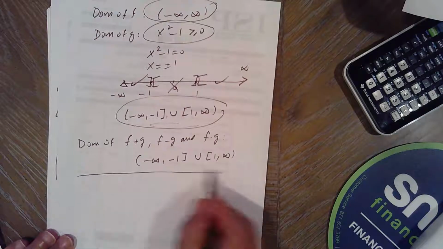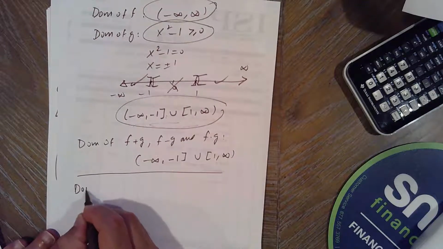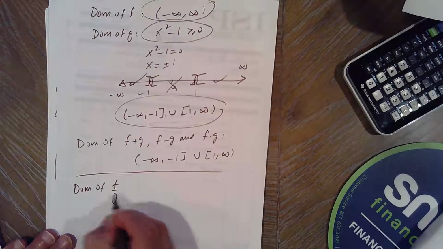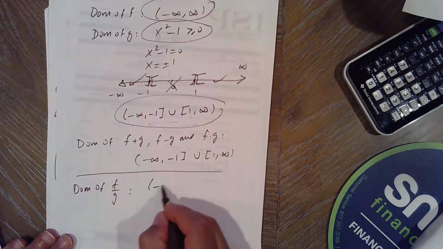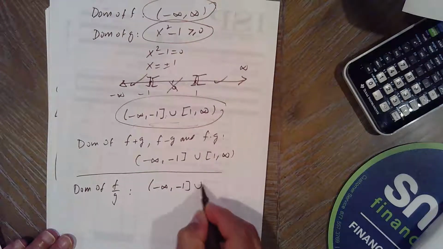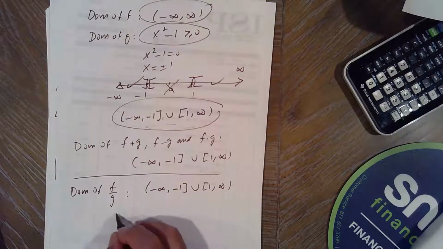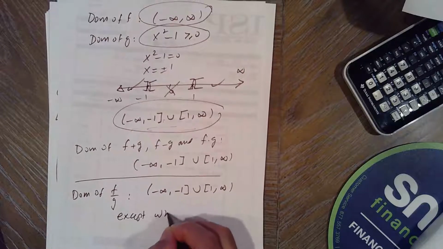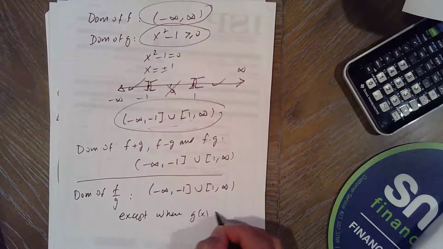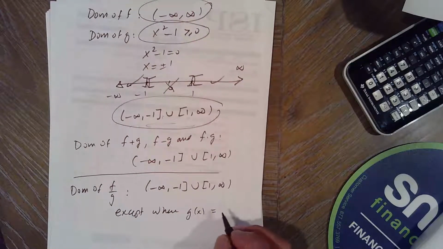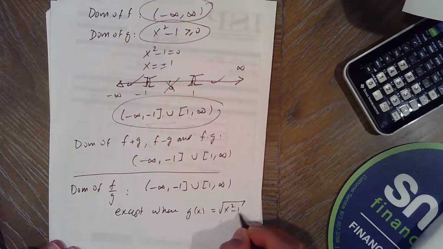Now, so we did the first three. What about domain of f over g? Now, it's going to be all this. Remember, it's all this. That was for f plus g, f times g, and f minus g, except where g equals 0. Except where g, what's g of x equal to? Square root of x squared minus 1 equals 0.